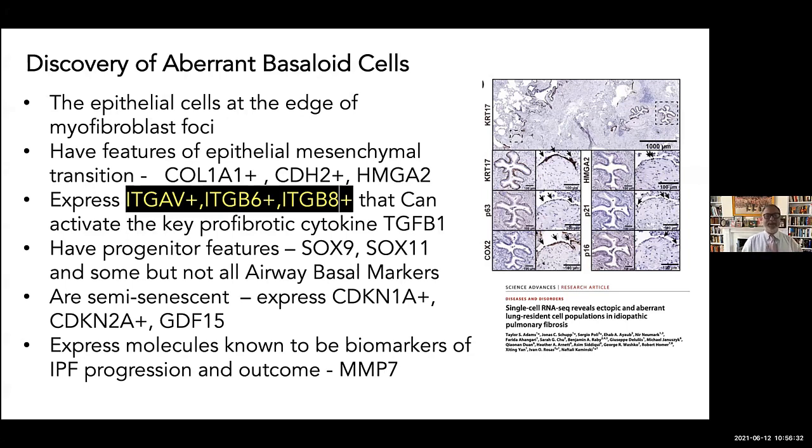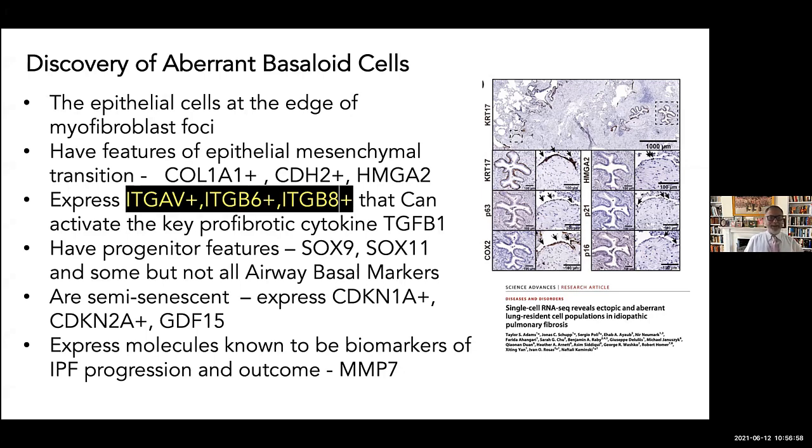They're not completely epithelial, but one of the interesting things is that they express 3 molecules that make an integrin. An integrin is a surface molecule, and in this case, it's the integrin alpha V beta 6, which is known to activate the key fibrotic cytokine TGF-beta 1.